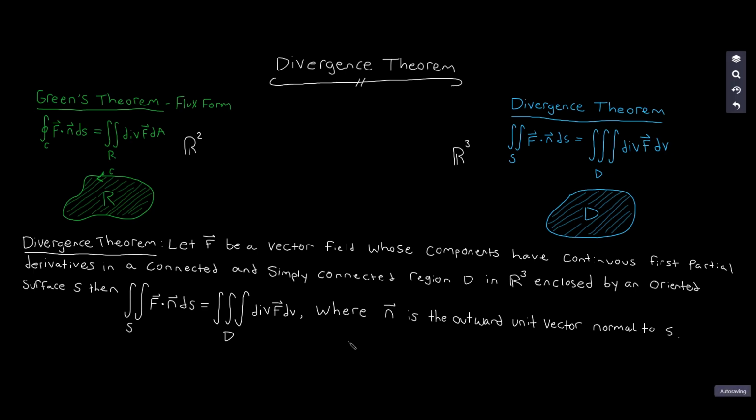It says: let vector F be a vector field whose components have continuous first partial derivatives in a connected and simply connected region D in R3 enclosed by an oriented surface S. Then the double integral over S of vector F dot vector n, with respect to the arc length, equals the triple integral of the divergence of F dV, where vector n is the outward unit vector normal to S. So again, that's the double integral over S of F dot n dS, equals the triple integral of the divergence of F dV, where n is the outward unit normal vector to S.